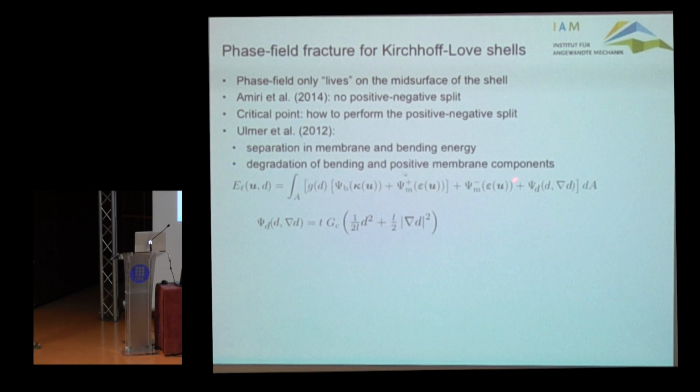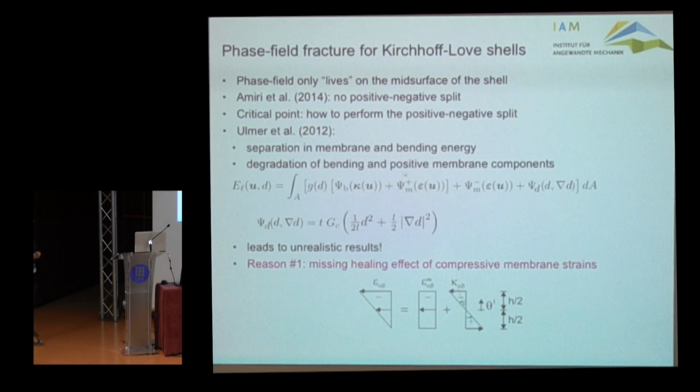And then the only undegraded portion in the functional was the negative part of the membrane energy. Now, at first glance, it seems like this is a reasonable proposal, but at a closer look, this method actually leads to unrealistic results. And why?